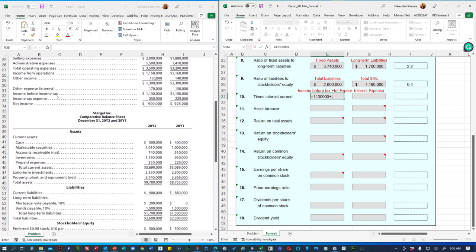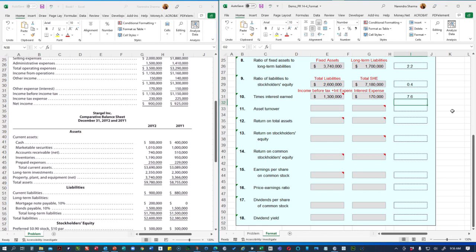We are given here as interest, other expenses, interest, that's 170,000. So that is the numerator, 1,300,000. Now the denominator, of course, is going to be that interest amount we just talked about, 170,000. So interest expense, again in the income statement you see that 170,000.